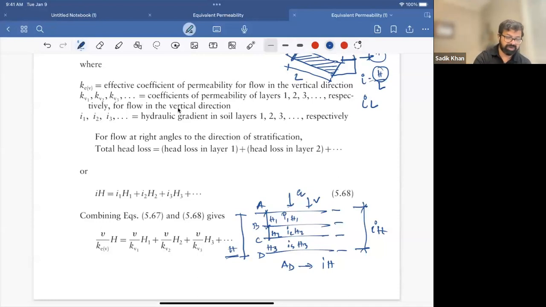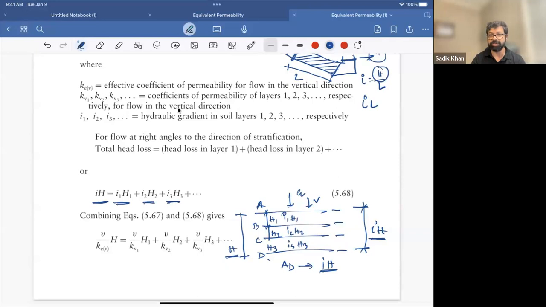This is the total drop between point A and D, and it will equal the drops between A and B, B and C, and C and D. So iH equals i1H1 plus i2H2 plus i3H3, the summation of all the drops.